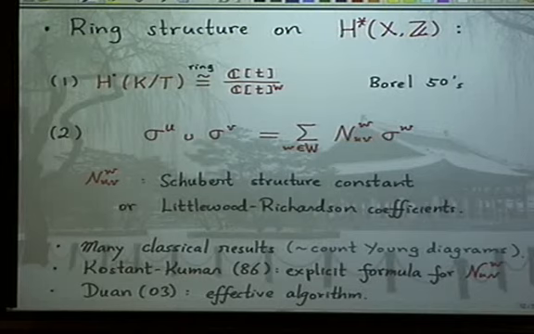And so instead of just counting, Kostant and Kumar in 1986 gave some explicit formula for doing it. I mean, this is for all flag varieties, partial flag varieties, not just GL_n C. Okay, and then later Dong Haibao in 2003 gave a more effective algorithm computing it. Okay. So lots of study.